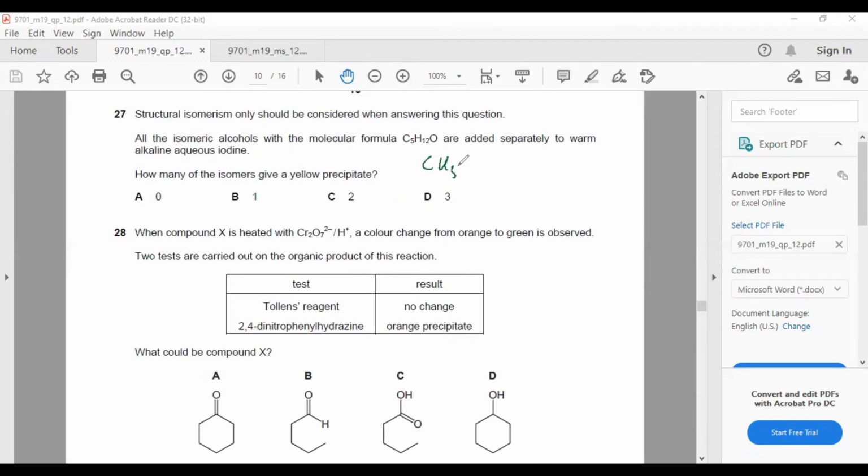Okay, OH on the second carbon: yes, alkaline iodine it will give. These alcohols will give alkaline iodine. The one which has OH should also have H and CH3, at least one H.